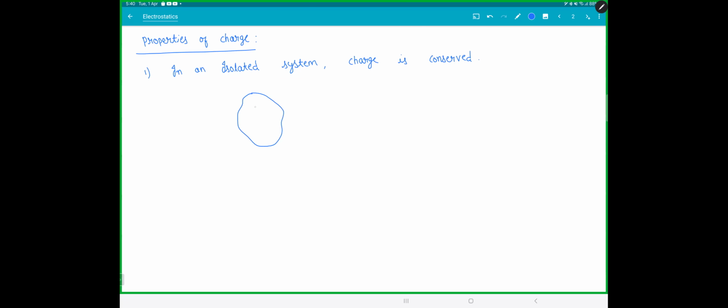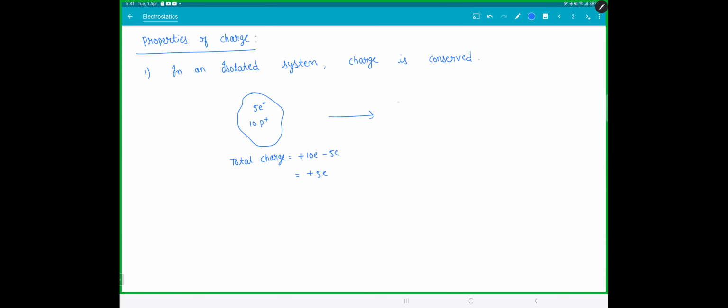So if you take a body here, let's say with 5 electrons and let's say 10 protons. So here the total charge is plus 10e minus 5e, which is plus 5e. That's your total charge.